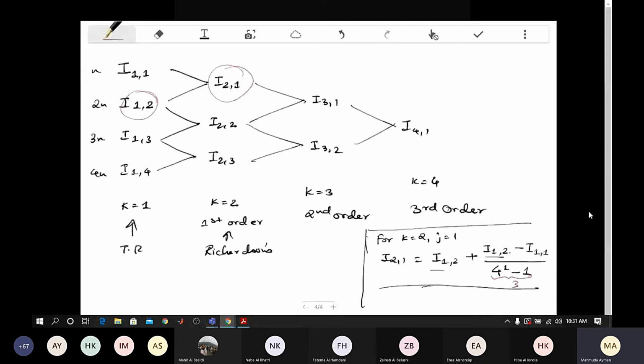Okay, so now once we are clear with the tree, we can go ahead and solve an example.